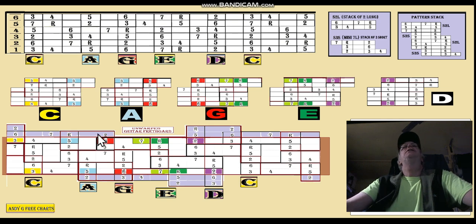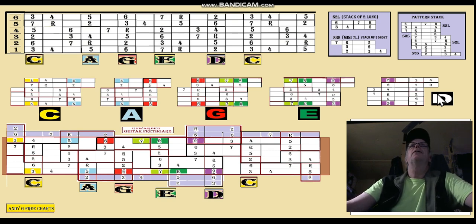The colors in this case are the colors of the CAGED shapes. They've earned their own colors. However, the blue is the A shape, which starts on the 5th of the key.